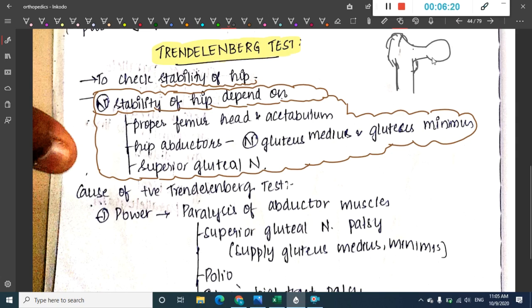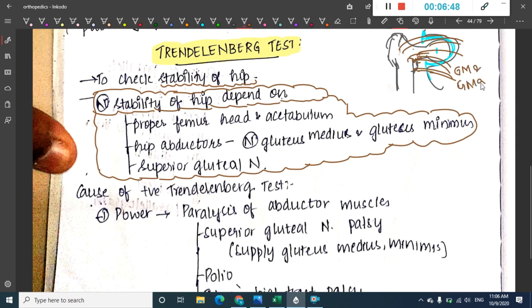This is the head of the femur and this is the acetabulum. So the first thing maintaining stability is the bond between the head of the femur and the acetabulum. That is one. Over this hip joint, all the muscles covering it, especially the hip abductors, which are gluteus medius and gluteus minimus, maintain stability.